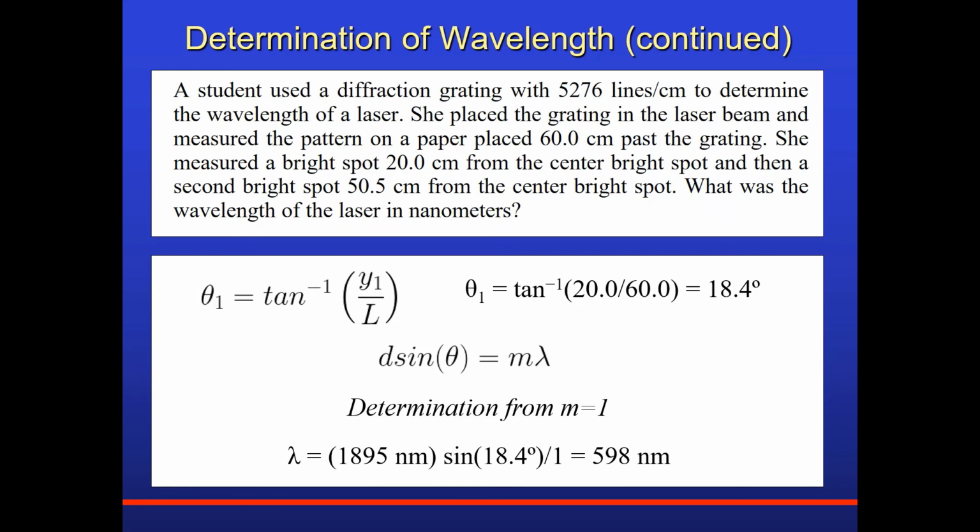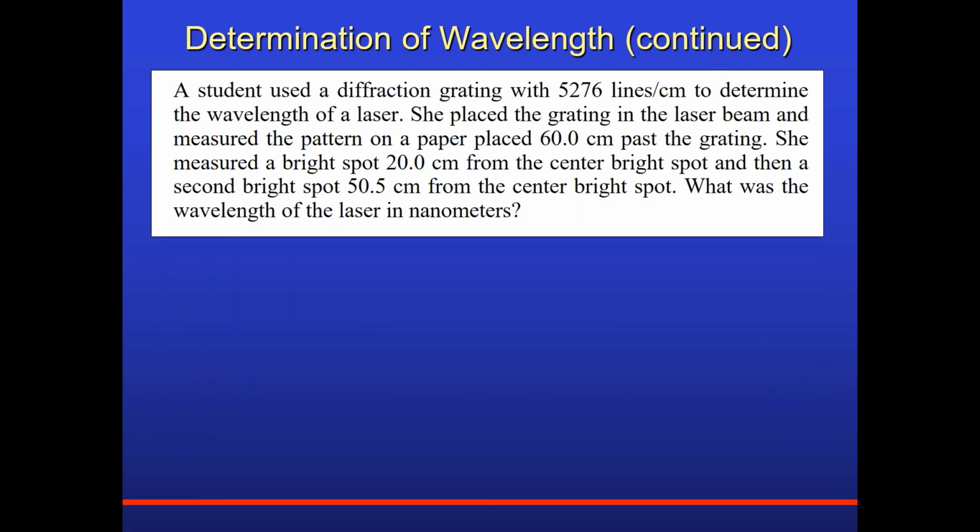Okay, color, 598 nanometer. So we have a data point. But we also have more data we can analyze, because the student also recorded the second bright spot, m equals 2. Once again, same statement of the problem, but we have more data to work with.